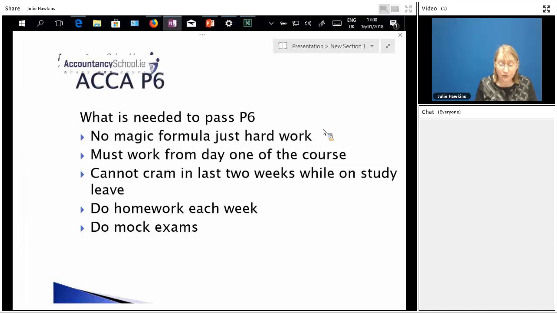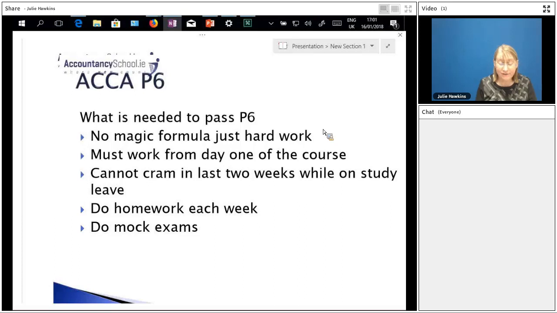You can't cram this subject into the last 2 weeks while you're on study leave, because there's too much information and an awful lot of rules and requirements to learn, and you just cannot cram them in. If you do that, you get very confused and you make a bit of a mess of the questions. So if you want to do P6, you must be prepared to put in the work from the very beginning of the course.